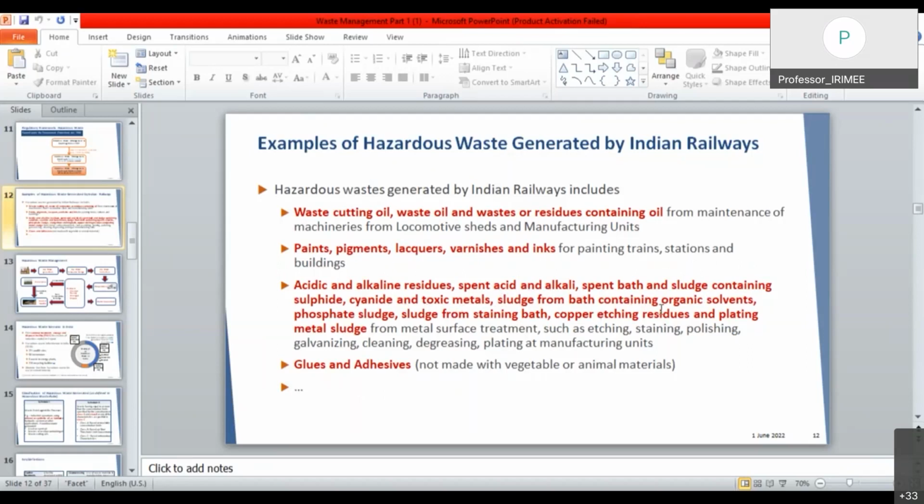Then sludge from the bath containing organic solvents, phosphate sludge, sludge from the staining bath, copper etching residues, and plating metal sludge from the metal surface treatment, such as etching, staining, polishing, galvanizing, cleaning, degreasing, and plating at manufacturing units. Then glues and adhesives, not made with vegetable or animal materials. These are the items which are generated as hazardous waste in railways.